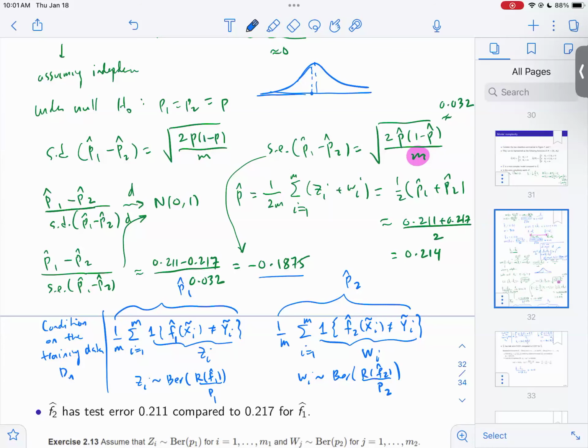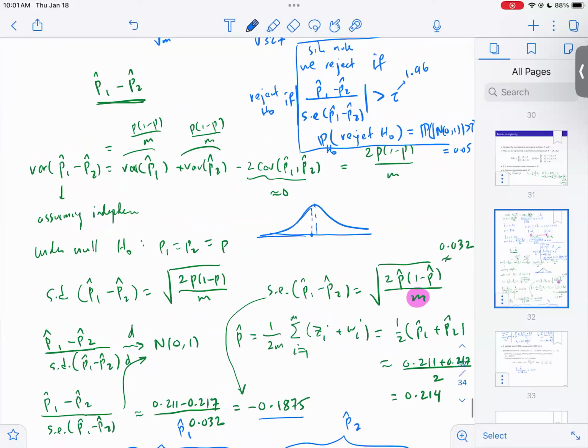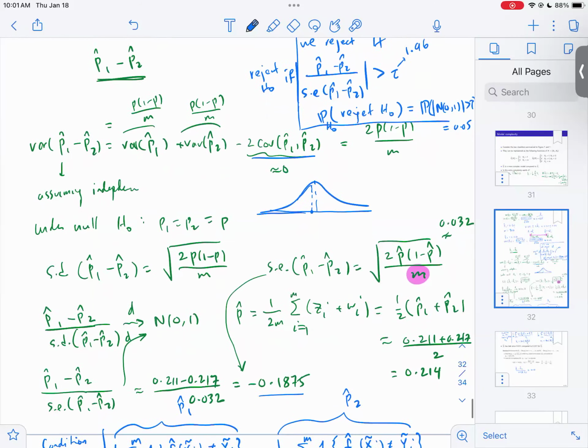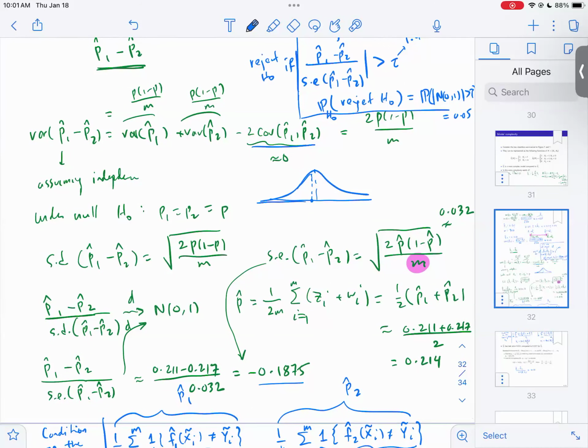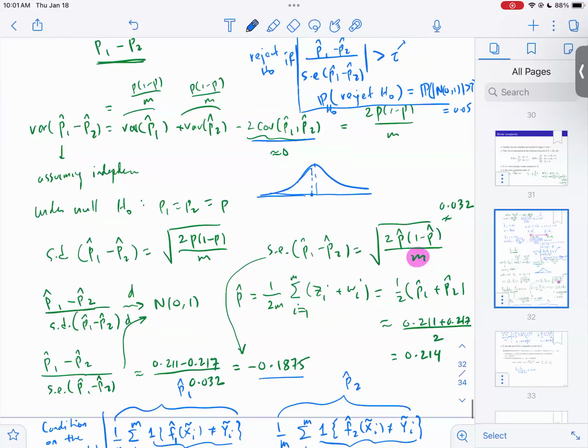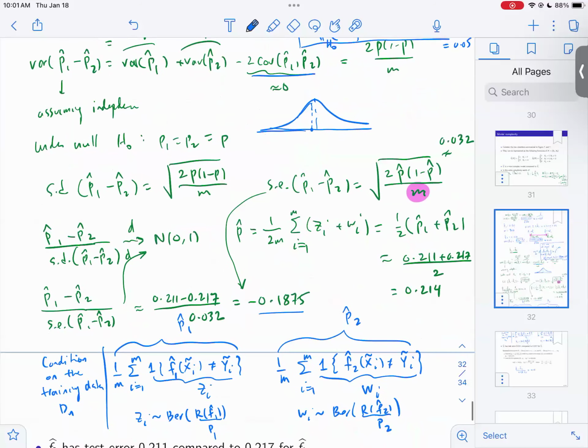The other thing is that you can actually calculate the covariance here. You can calculate the covariance of the sample means, or it's enough to calculate the covariance of these two individual ones.